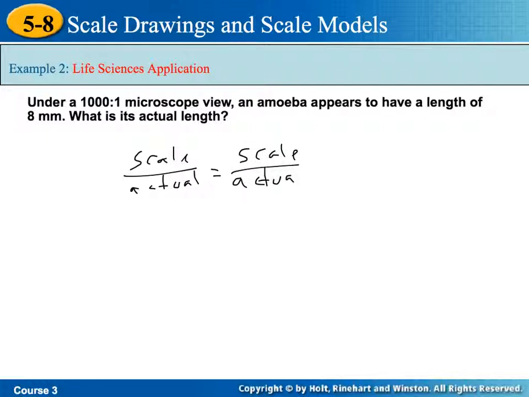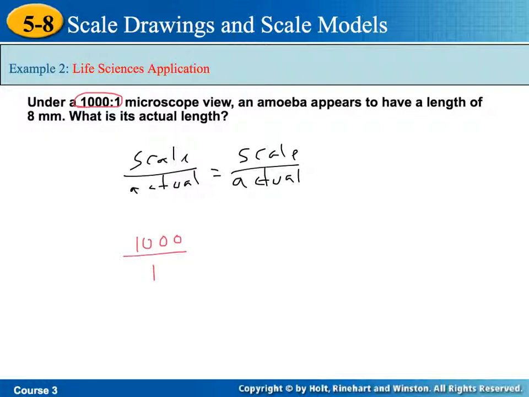Okay, so as I'm setting this up, 1,000 to 1, that means you're zooming in 1,000 times, okay, to what a normal person zooms in. So this scale, that ratio right there, 1,000 is our scale, 1 is our actual. We go in 1,000 times more than the average eye.